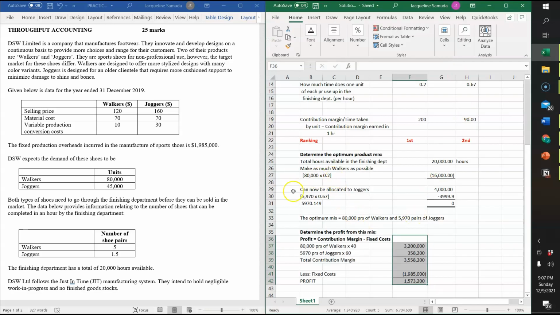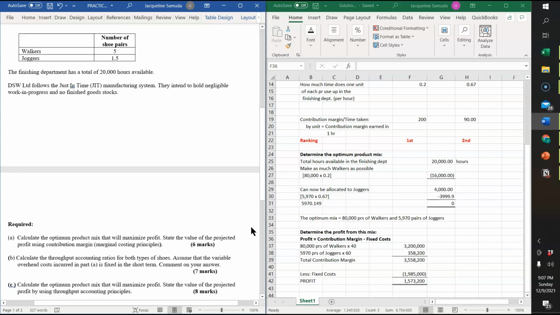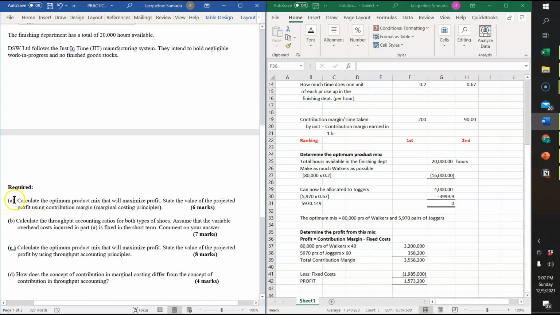Alrighty. Okay, so let us see now. So we've just finished part A. Let's look at what part A says. Calculate the optimum product mix that will maximize profit. And the optimum product mix is 80,000 pairs of walkers and 5,970 pairs of joggers. And the other part says, state the value of the projected profit.